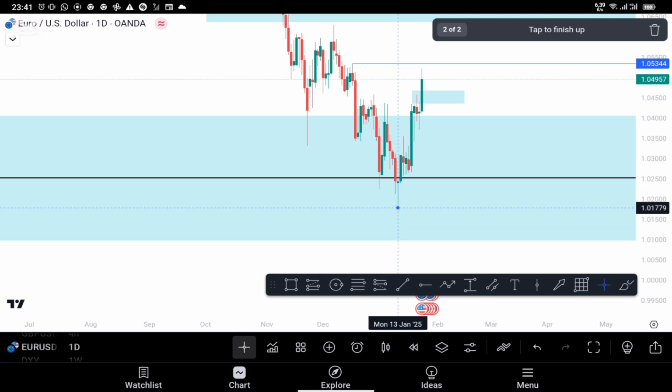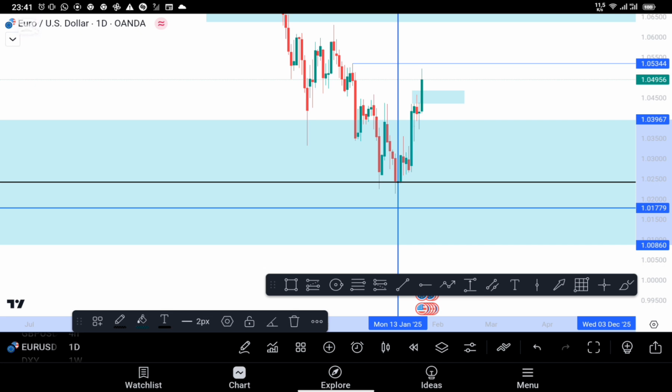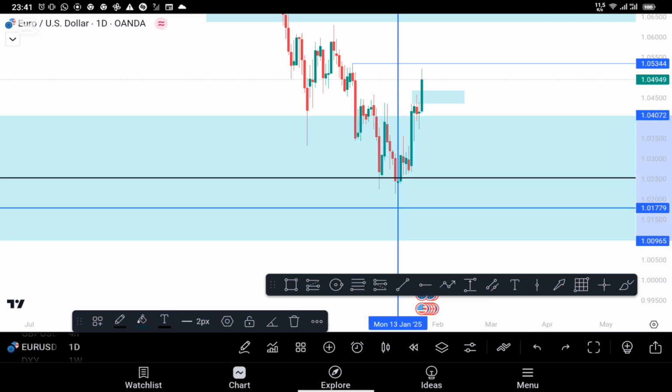until price came to 1.01. This is the euro against the dollar. So euro against dollar is EURUSD, 1.01779 now, and then it went, no, not now, this was the turning point while we were rebalancing the imbalance.